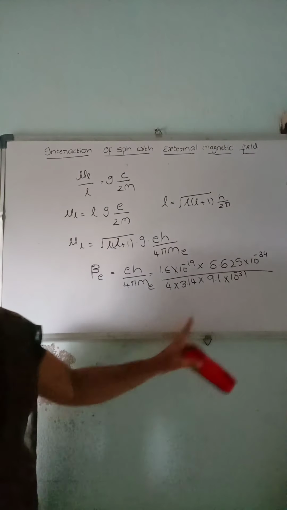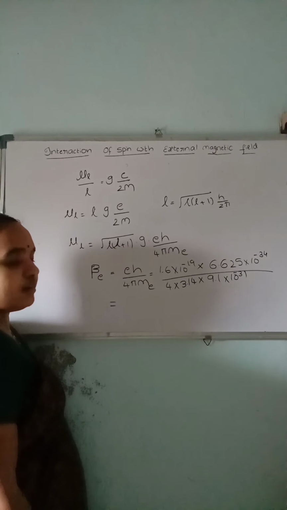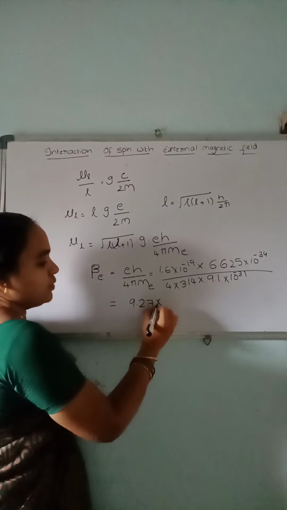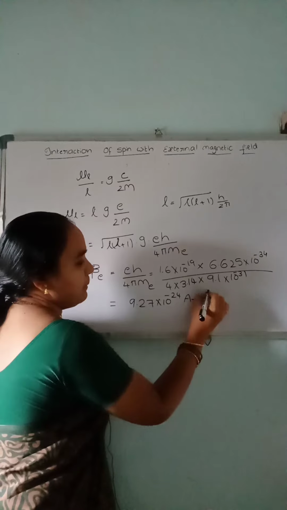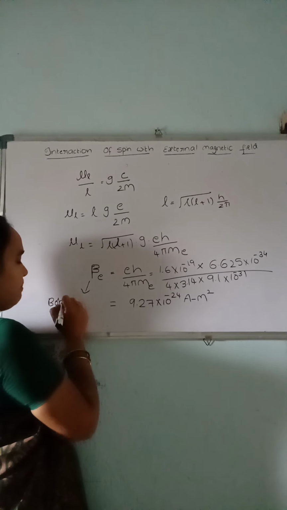By substituting all these values, we get the Bohr magneton for the electron as 9.27 × 10^-24 ampere meter squared. This is also called the Bohr magneton.